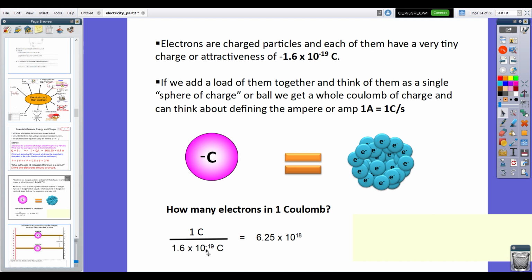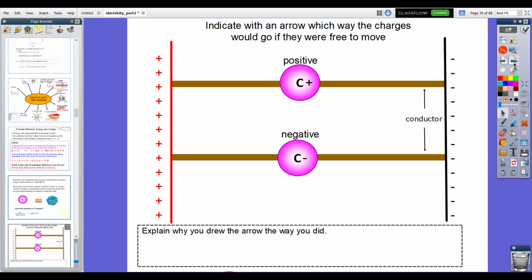Now this is the opposite really of times 10 to the minus 19, this is a very large number, so you need to move this decimal place up 18 times. So we're really looking at 6 million million million electrons approximately, just to make 1 coulomb.